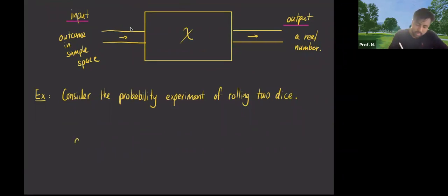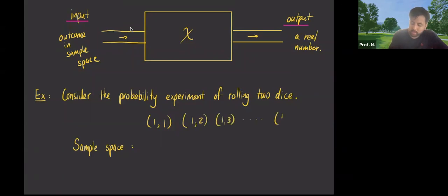The sample space, I hope everyone remembers, can be viewed as a grid of pairings of numbers. The first coordinate is what the first die rolls, and the second coordinate is what the second die rolls. And then we have a space of outcomes, correct?